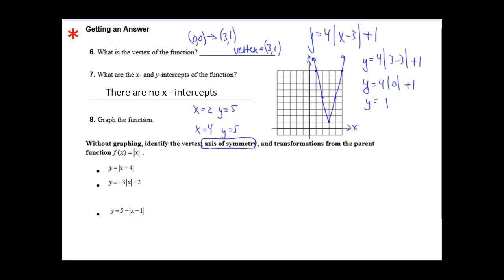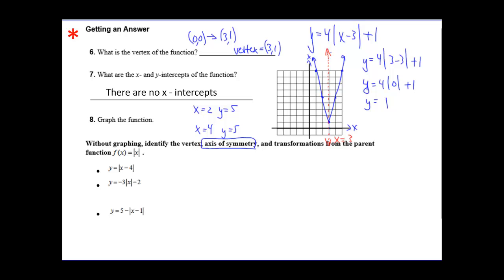In this case, let me use the red dotted line, this line right here that splits our V into both equal or symmetrical sides. That is the axis of symmetry, which is a vertical line. All vertical lines are x equals, and the x equals through that point is x equals 3.